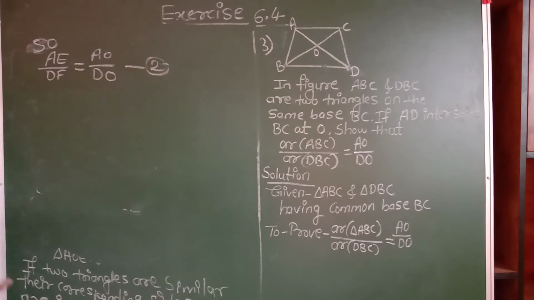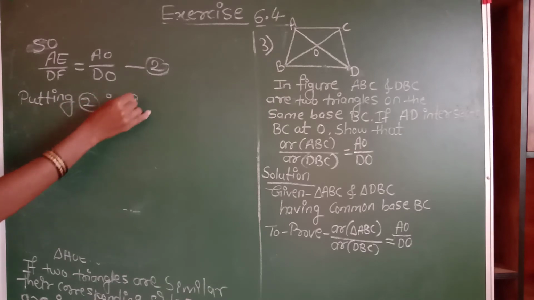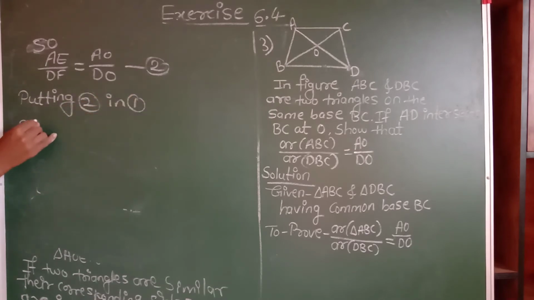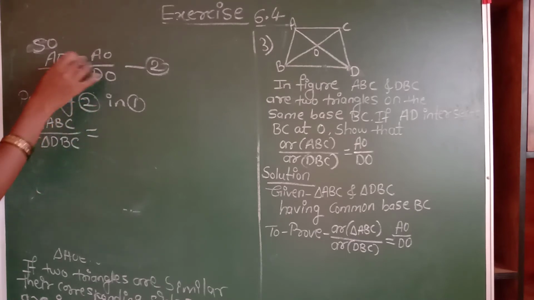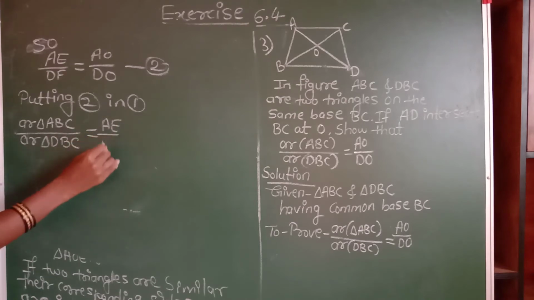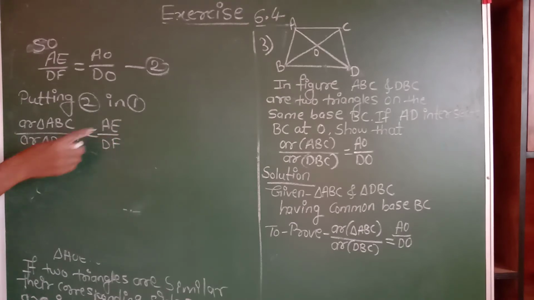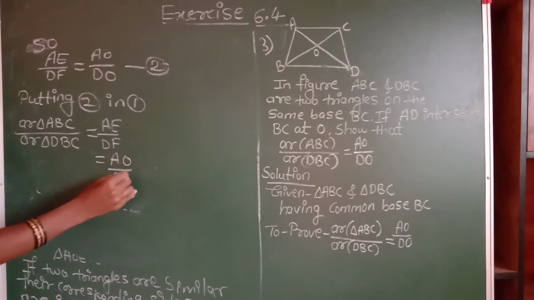This is equation 2. Putting equation 2 in 1, area of triangle ABC divided by area of triangle DBC is equal to AE by DF, which is AO by DO.